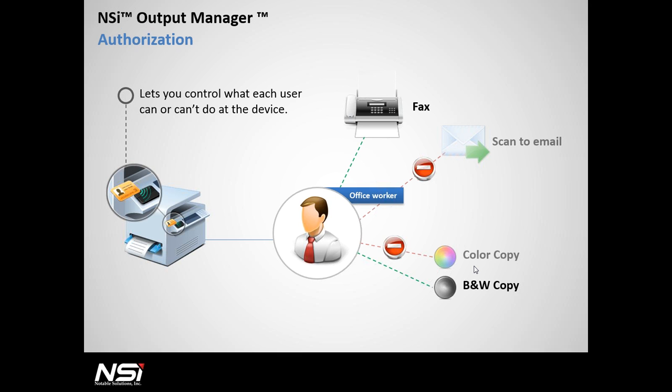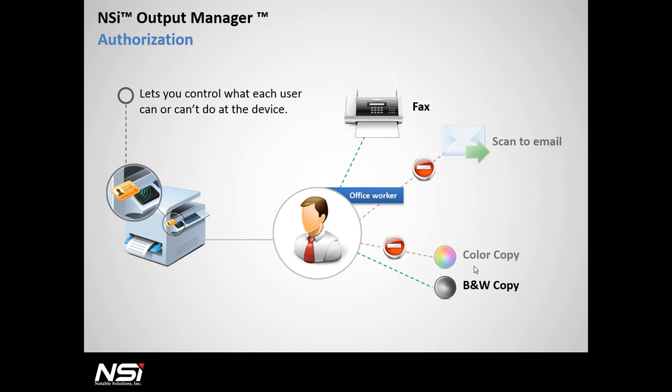So what would he do? We have here not only the authorization, but we can lock certain functionality. So the office worker or the nurse who might have authenticated themselves at the device, we now give them certain functionality. For example, in this case, they are allowed to use black and white copy, but they're not allowed to copy in color.